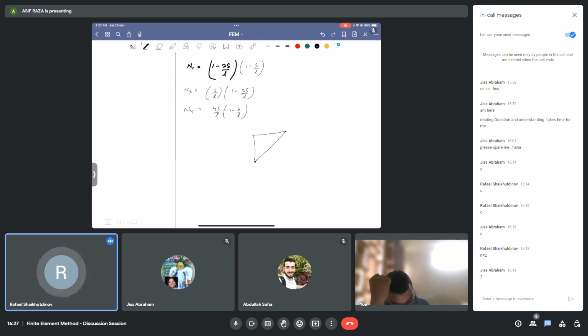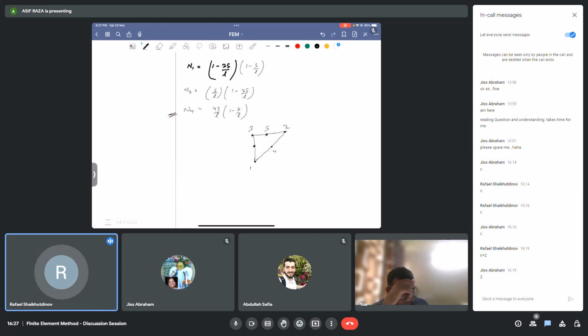We have nodes 1, 2, 3 in clockwise order. And we also have intermediate points there, in the center of each side, additional nodes: 4, 5, 6.